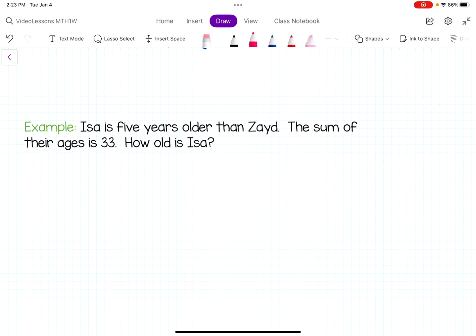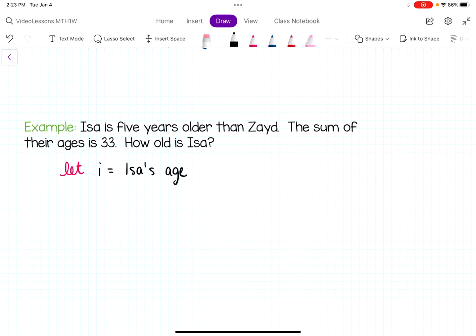So because it said how old is Isa, let's work with everything in terms of Isa. And Isa's name starts with I, and math convention is to always use lowercase letters for our variables. So we're going to keep to that convention. Let i equal Isa's age.